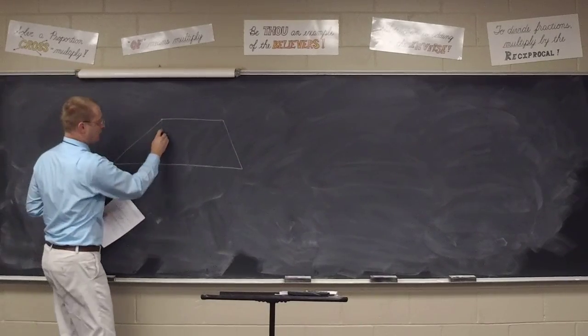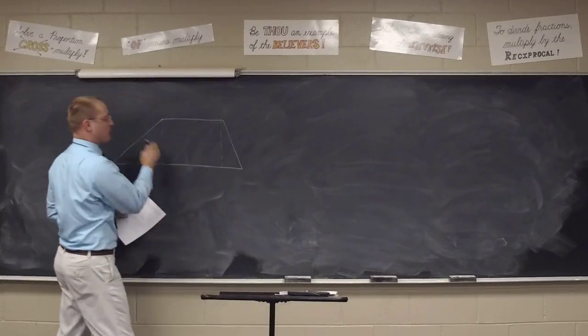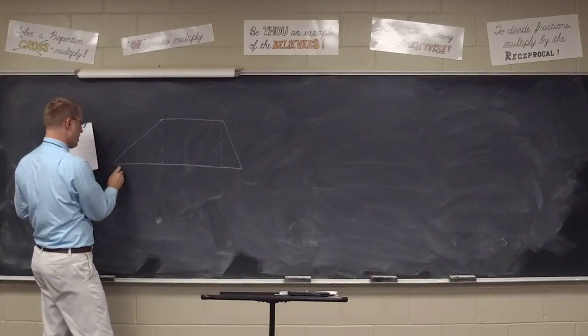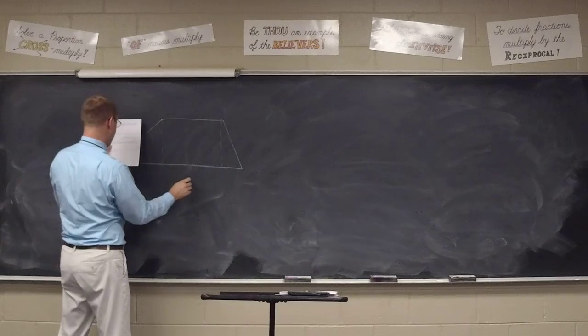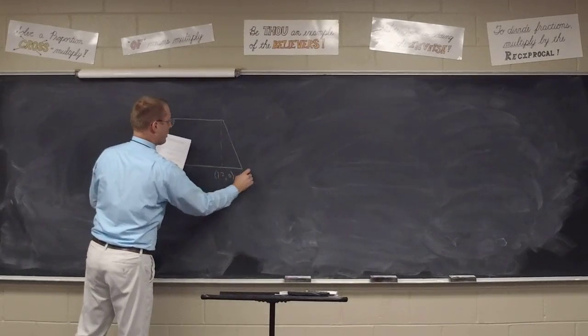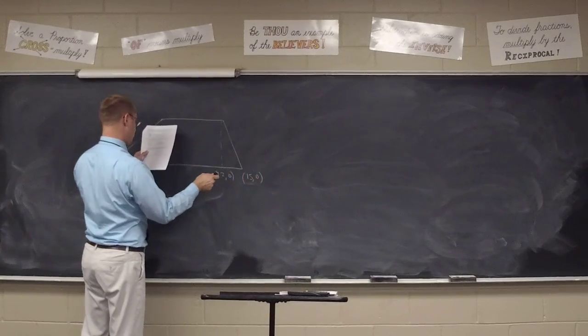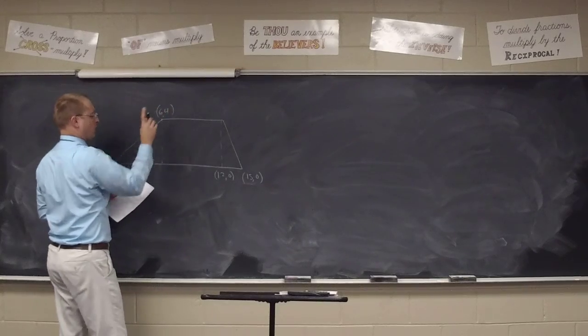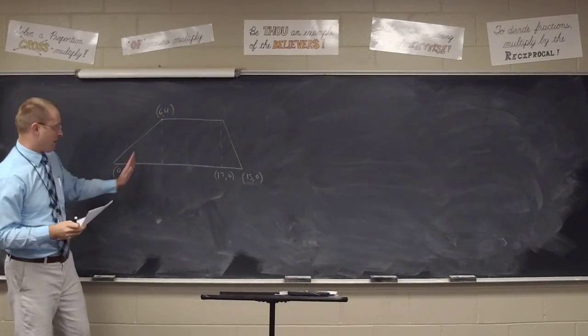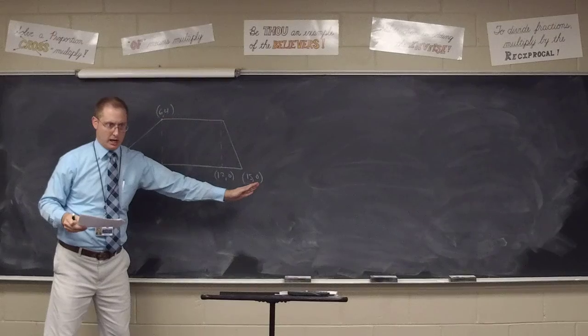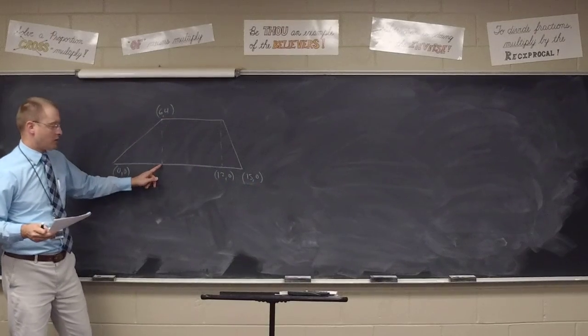The fact that a rectangle could be formed in here tells me there is technically a trapezoid. That's good to know. So we've got 0, 0, we've got 12, 0, we've got 15, 0, we've got 6, 4. Now question, y value 0, y value 0, y value 0, right? So what's the y value here?